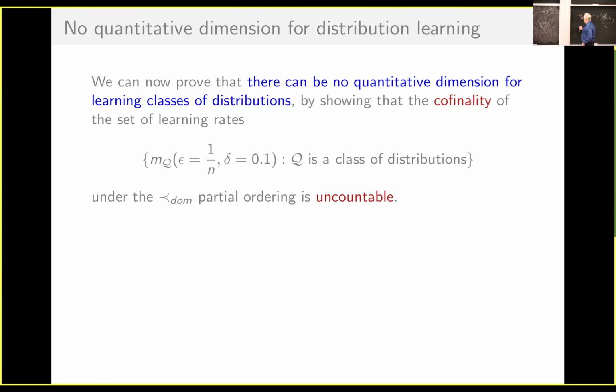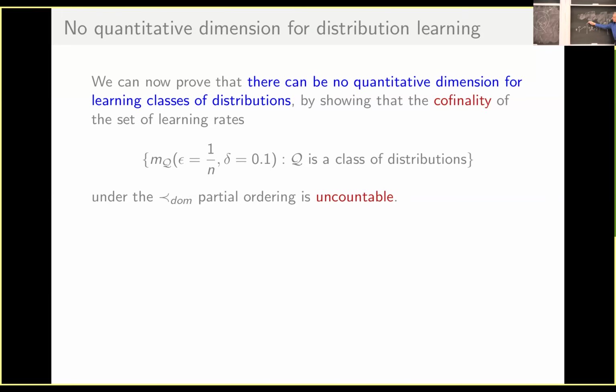So you see, if I could take the natural numbers and embed them cofinally in the set of learning rates of some M_Q of 1 over n, 0.1, and I show you that this set is cofinal in n to the n, then you take every natural number, put it here, and transform it to here.